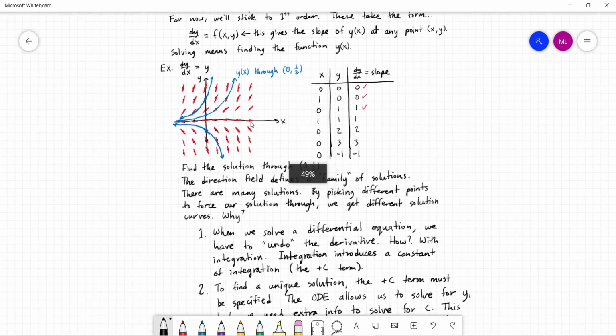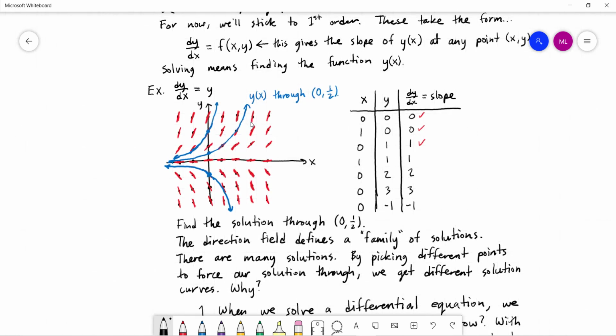Without specifying an initial condition, you are going to have an infinite number of solutions. All of these curves, I could have drawn any curve that kind of follows the pattern of the lines in our direction field, there's literally an infinite number of possible solutions because of that plus c.